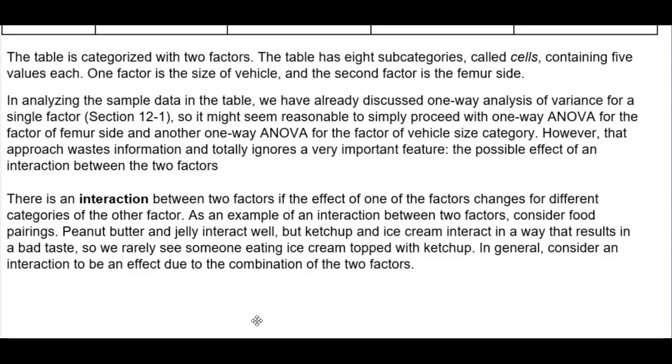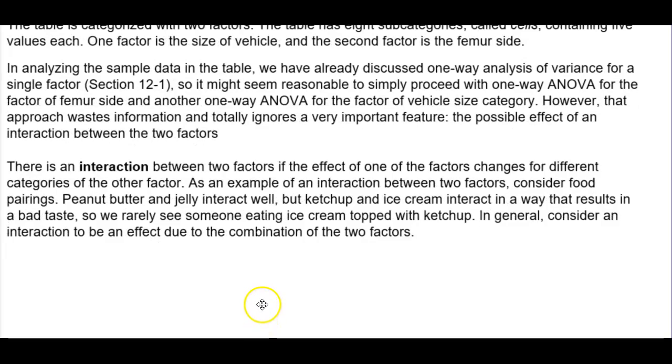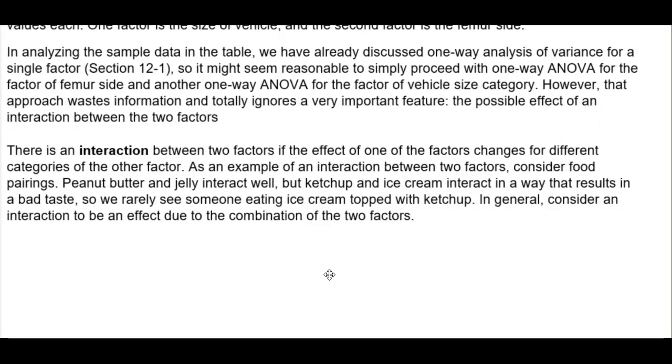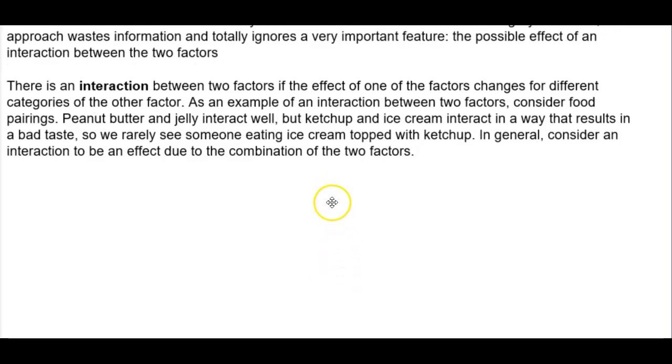As an example, consider food pairings. Peanut butter and jelly interact well, but ketchup and ice cream interact in a way that results in a bad taste. So we rarely see someone eating ice cream topped with ketchup. In general, consider an interaction to be an effect due to the combination of the two factors.